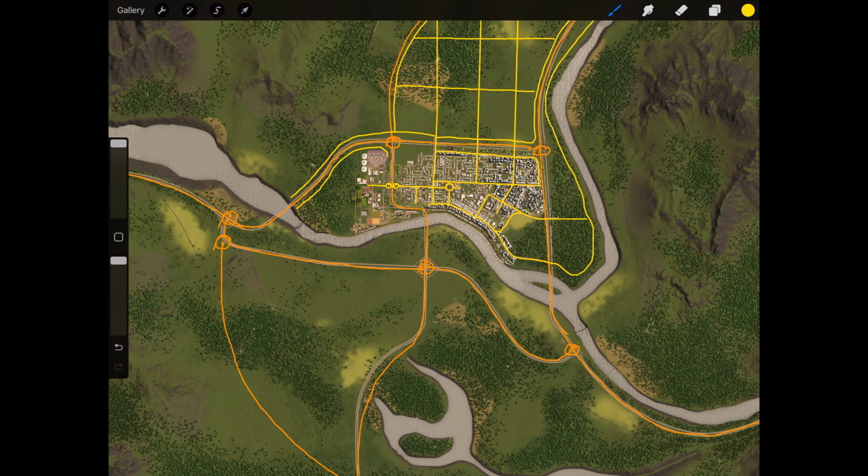And again, I'm following that pattern that I want to have arterial roads flowing around, following the flow of the highways, just to make sure that there are lots of options for people to navigate through town.